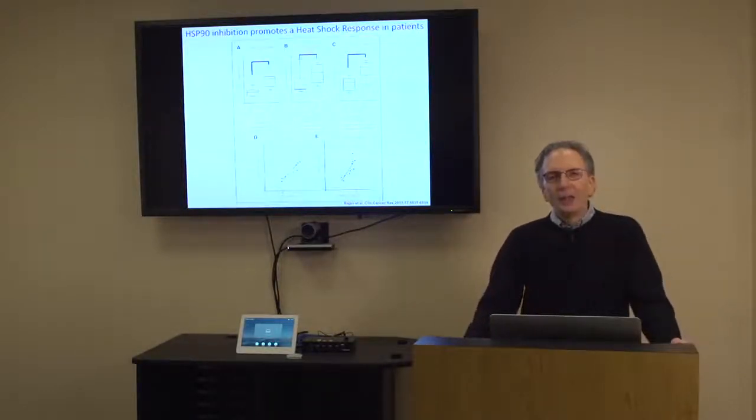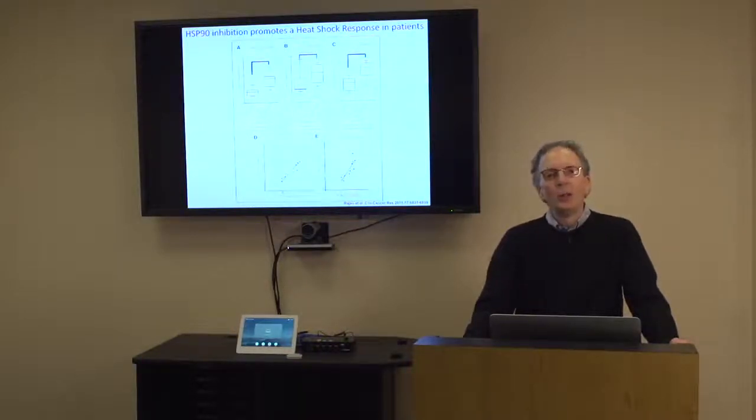In fact, looking at levels of HSP70 mRNA or protein has been used as a pharmacodynamic marker in patients on HSP90 inhibitor clinical trials. So you can see from this figure that there is a dose and time-dependent increase in HSP70 in patient blood after treatment. And it depends on how many cycles of treatment.